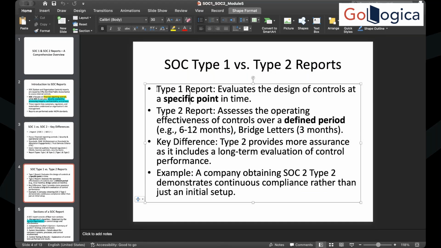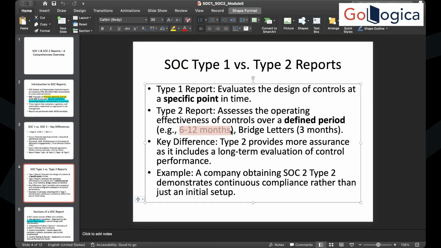And type 2 report is a report which covers an audit period. It covers a period of, if you see here, 6 to 12 months or sometimes even 15 months. So right now I'm doing a SOC 2 audit, a real SOC 2 audit in my org, which is for 15 months. So you get it right. This is for example, an entire year, because every audit has an audit period.